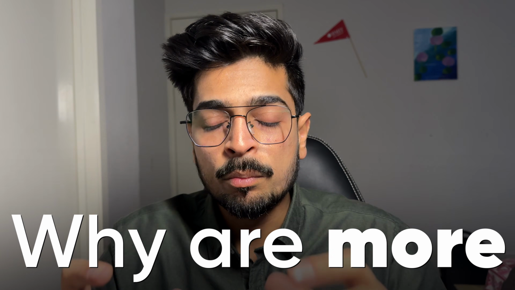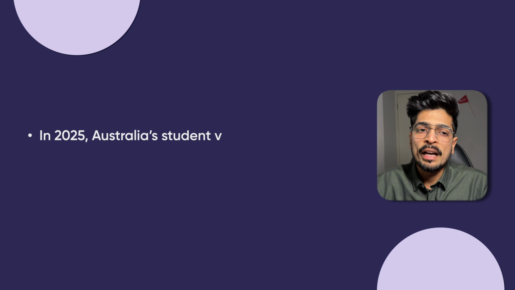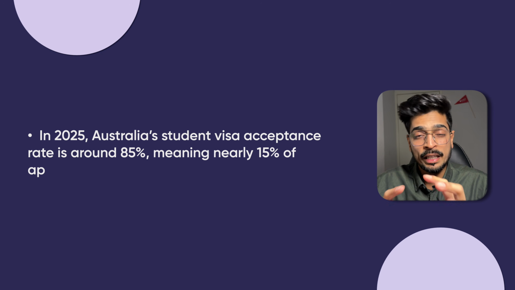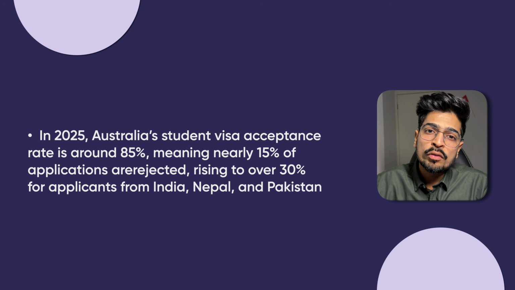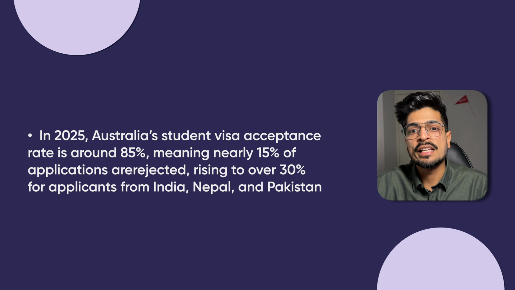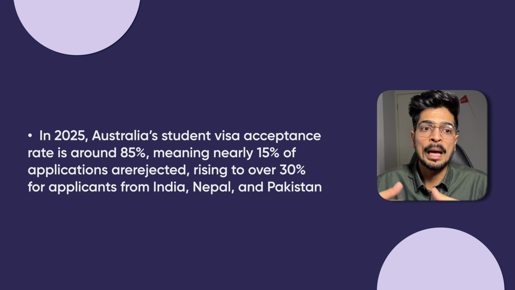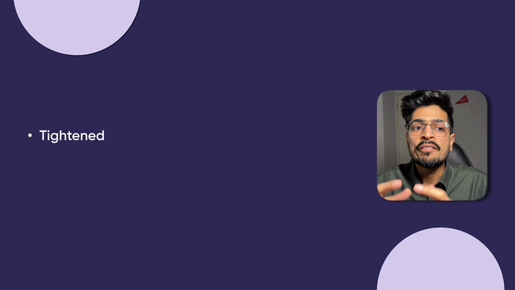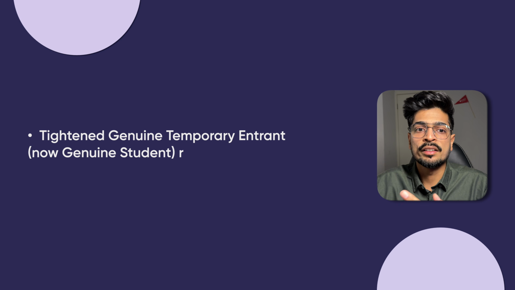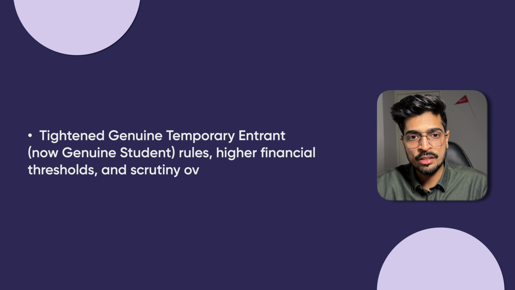First of all, let me tell you why more visas are being rejected these days. So in 2025, Australia's student visa acceptance rate is around 85%, meaning that nearly 15% of applications are being rejected, rising to over 30% for applicants from India, Nepal and Pakistan. They have tightened the genuine temporary entrant, which is now the genuine student test rules.